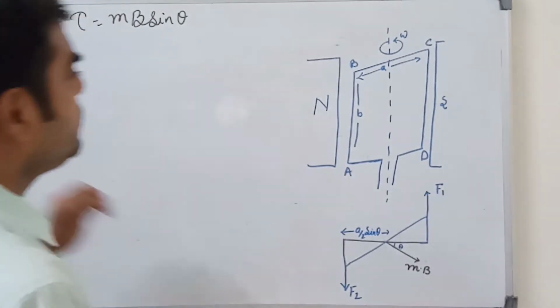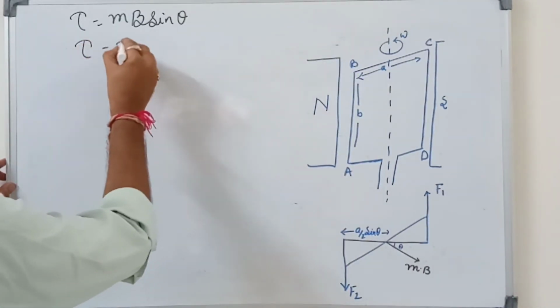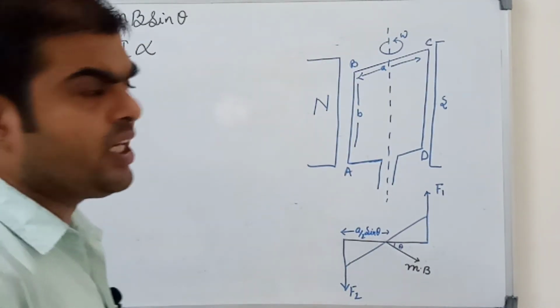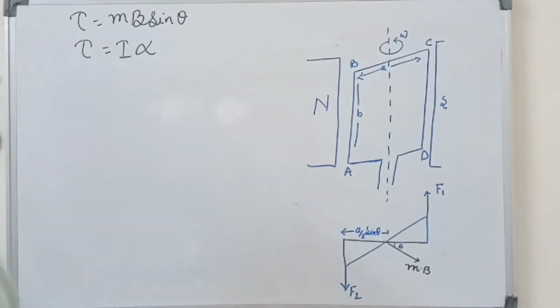Then the torque tau is equal to I alpha, because I is the moment of inertia and alpha is the angular acceleration.